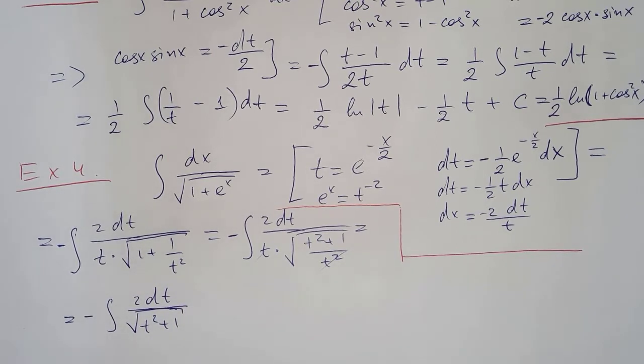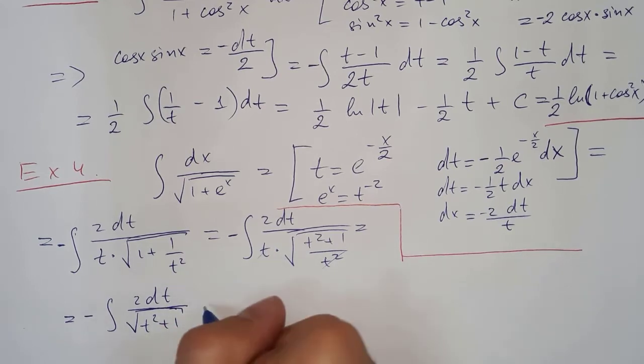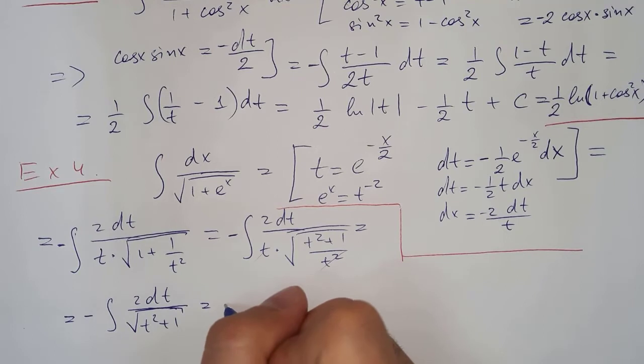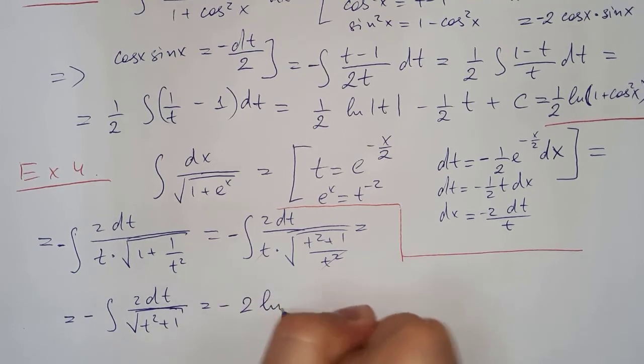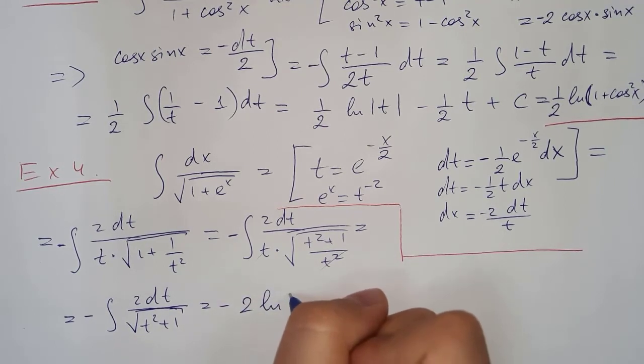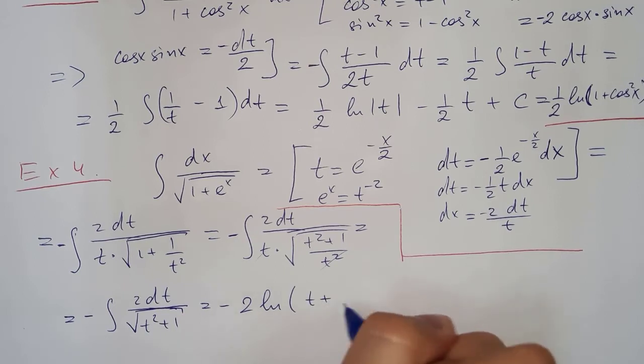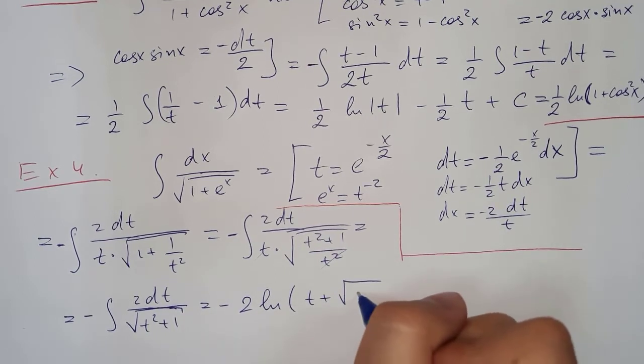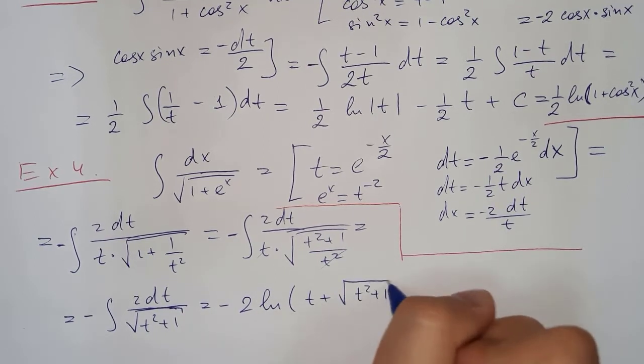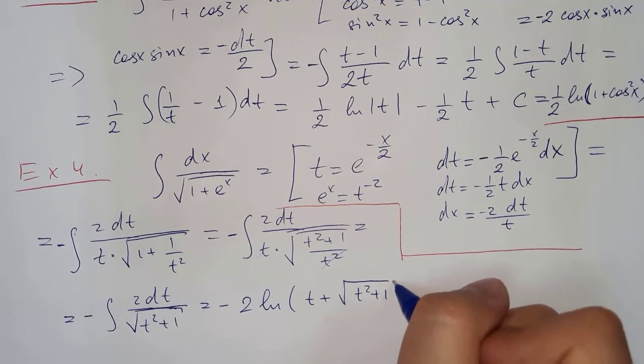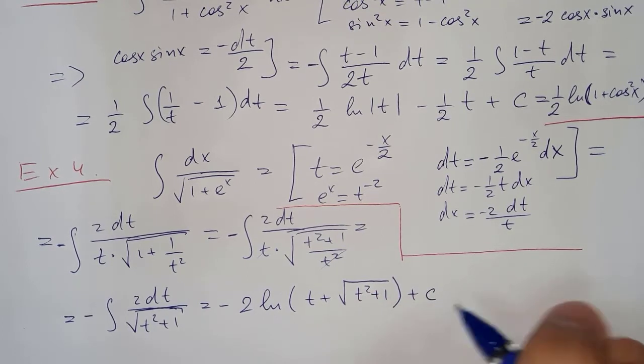And this is a table integral, with natural logarithm, and this is equal, from our table, to minus 2 natural logarithm of t plus the square root of t squared plus 1, and of course plus c.